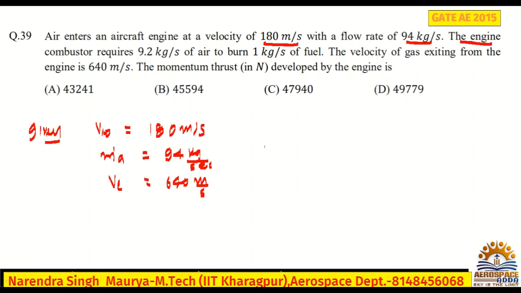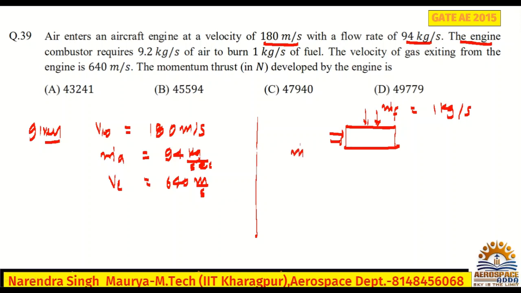All right. We need to be careful about the data they have given to us. They said we have a combustor, and for the combustor they have said 1 kg per second of fuel, m dot f. If you want to burn it, what amount of air is required? It is given as 9.2. So for 1 kg per second of fuel to burn, you need to supply 9.2 kg per second of air to the combustion chamber.